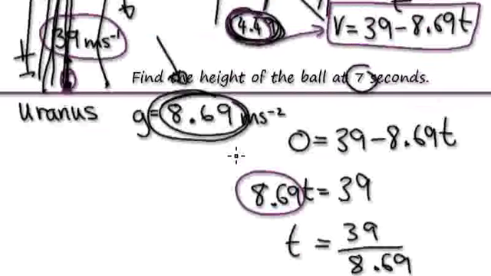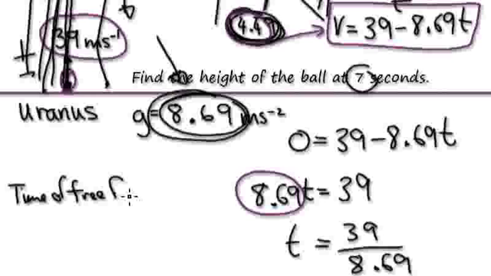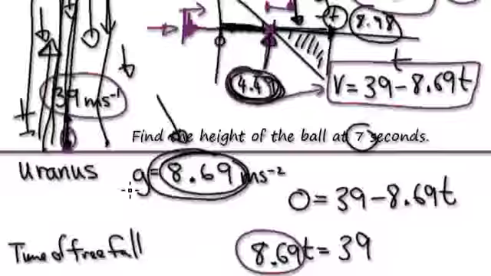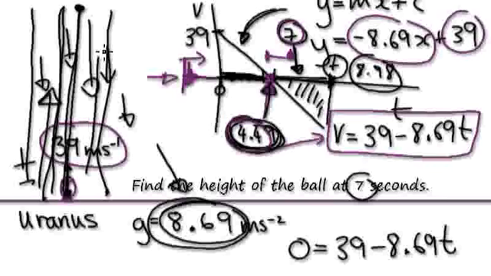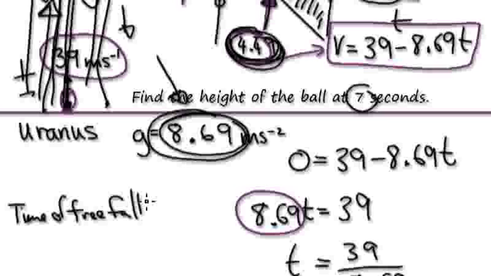Okay, so time of free fall. Remember, free fall is when it has reached its maximum height, and then gravity just makes it free fall down. So the time of free fall will be 7 take away this thing here.